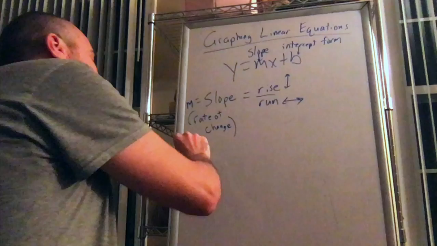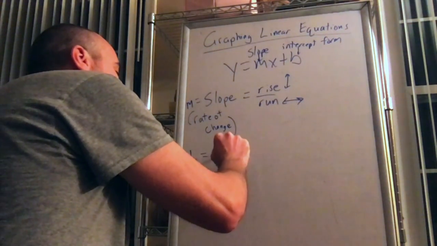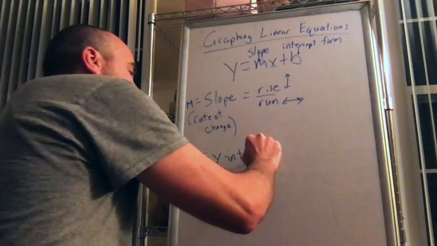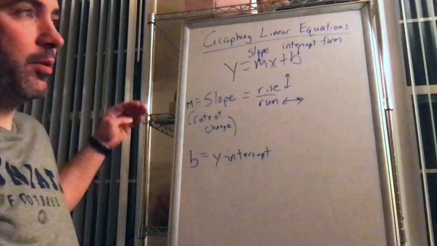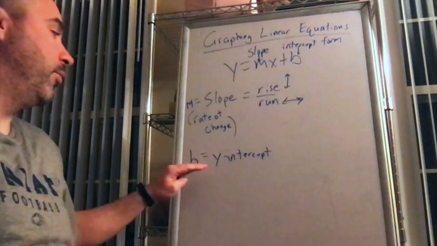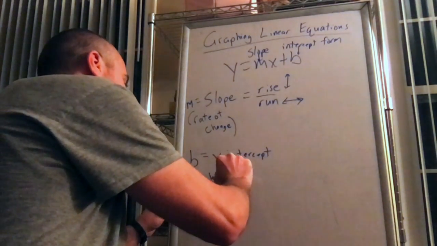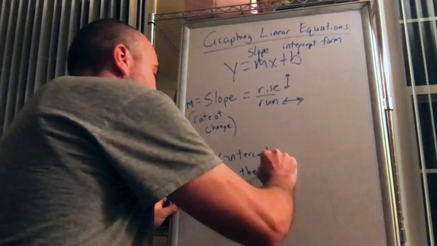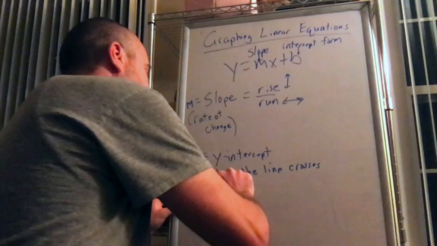All right, our b, that is the y-intercept. And intercept, if you think of interception, ball coming, defender coming, they meet each other. They get the ball. All right, so y-intercept is where the line crosses the y-axis.